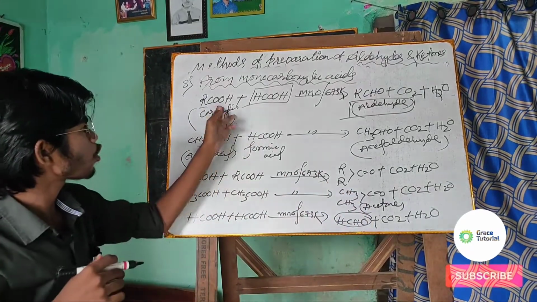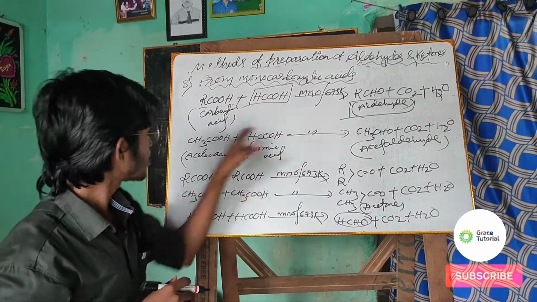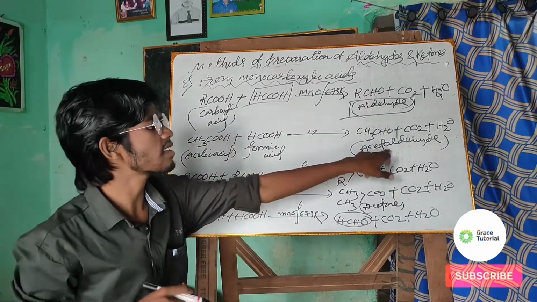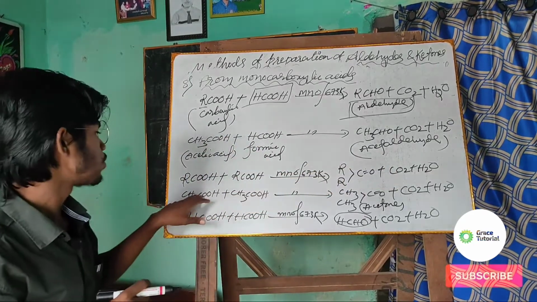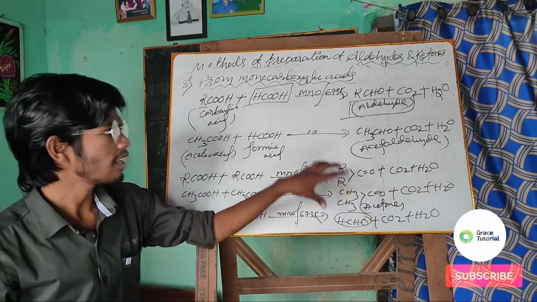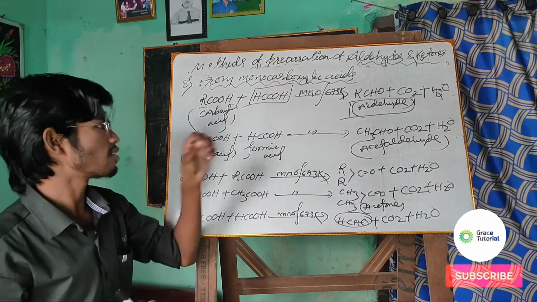If a mixture of a carboxylic acid and formic acid is heated, it gives the aldehyde. If a mixture of acetic acid and formic acid is heated, acetaldehyde results. If a mixture of two acetic acids is heated, then acetone results. In this way aldehydes and ketones are formed from monocarboxylic acids.